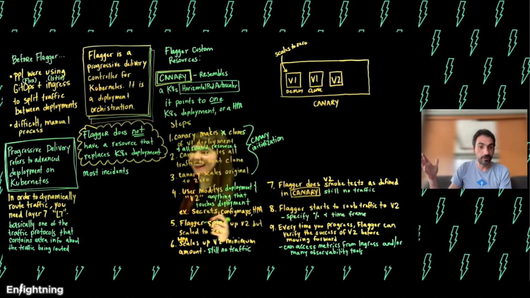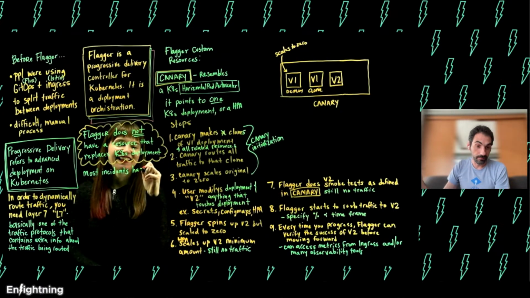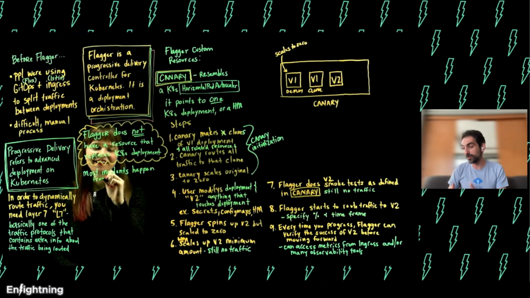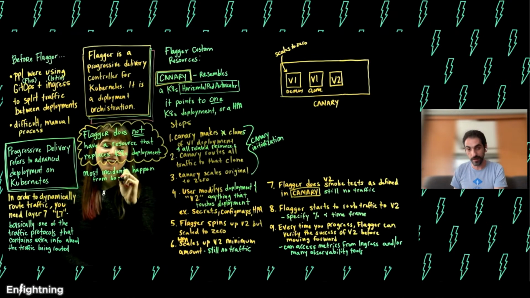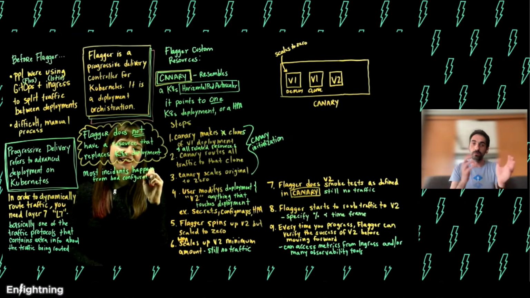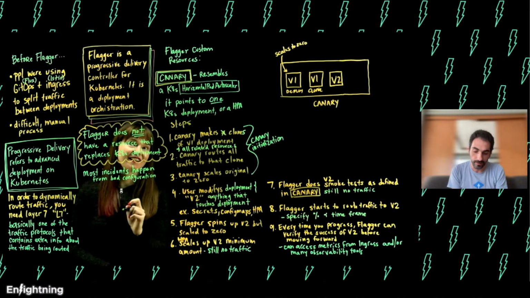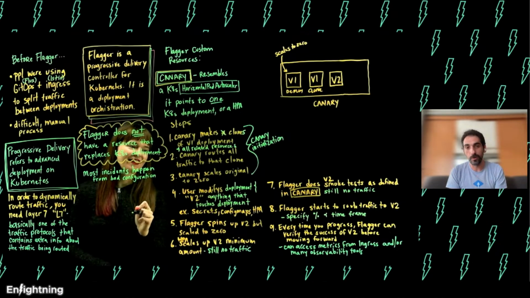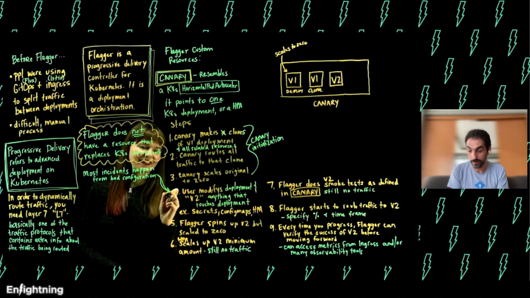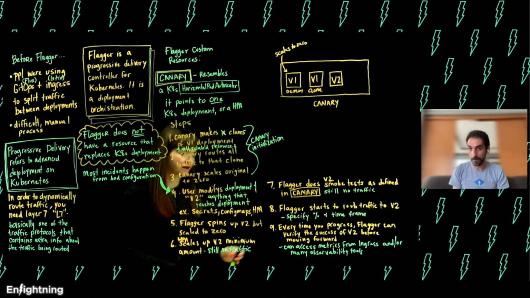Then when it reaches, let's say, 50%, you are confident that if the application works okay with 50% of the traffic, you don't need to actually move all the traffic. What you can say is, at this point, trigger the final step of the release and move from V1 to V2. Okay. Right.